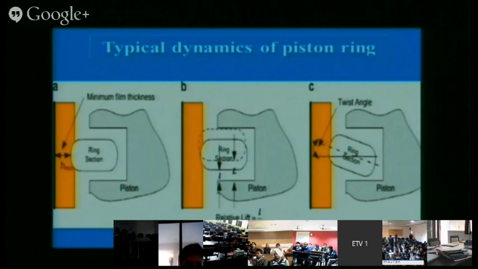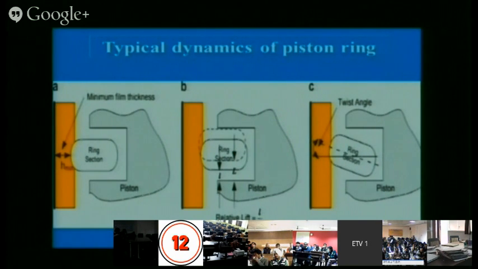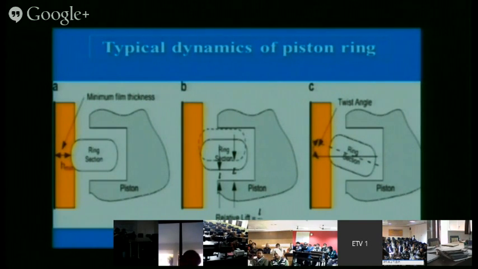And the third motion is the secondary motion. Basically, point B is associated with the primary motion, and point C is associated with the secondary motion, the tilting action that is taking place. So if you see, the dynamics of the piston ring is very vital and very complex. All types of motion are possible.